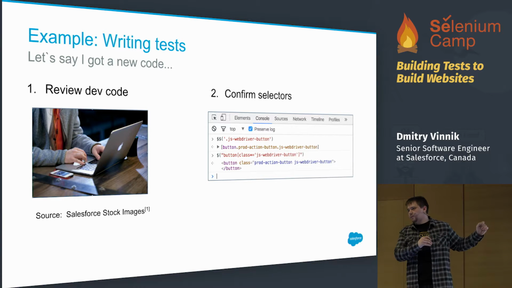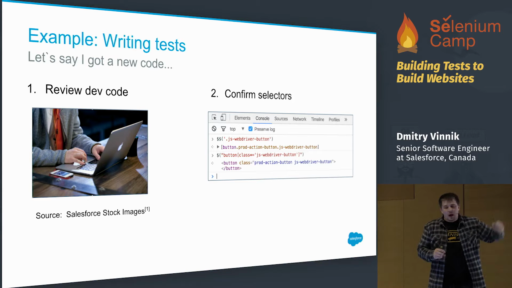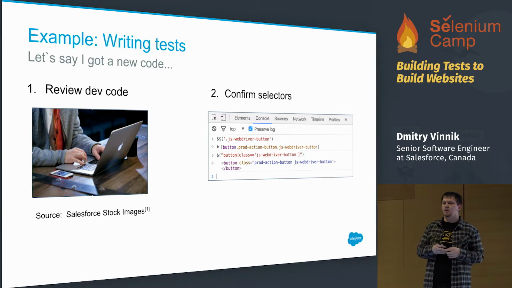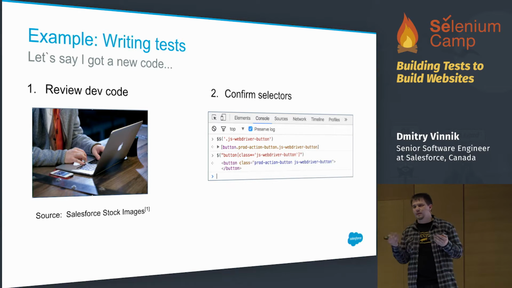So let's say it was all perfect. We review the code. It gets pushed. Then I confirm selectors. I don't want to use WebDriver to confirm my selectors by just inspecting them on the web page. I personally prefer to use the Chrome developer tools before I go with WebDriver. You can also find better plugins for that.